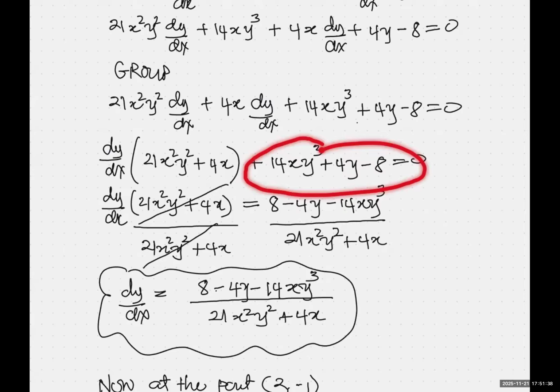Remember, we're not carrying anything over an equal sign because we know those things are impossible. What we're doing is using the additive inverse. So in order for me to get rid of 14xy cubed from one side to the other, I need to subtract it from both sides. That's why it now becomes negative 14xy cubed right here. I have a positive 4y here. In order to get rid of it, I'll have to subtract it.